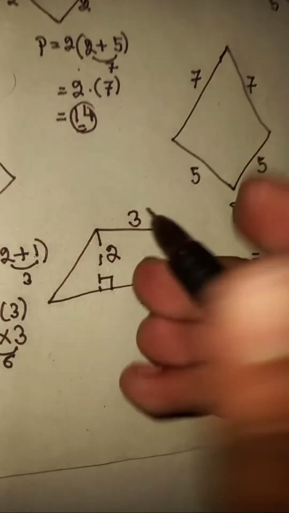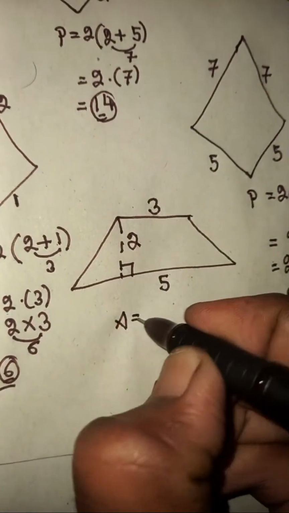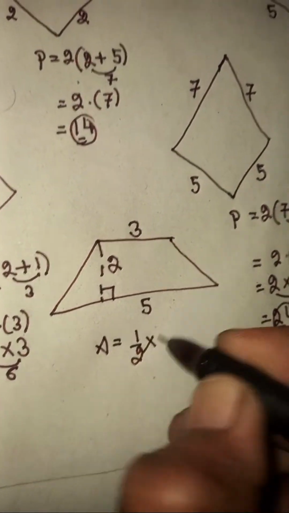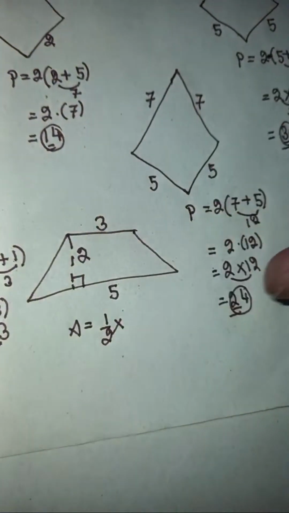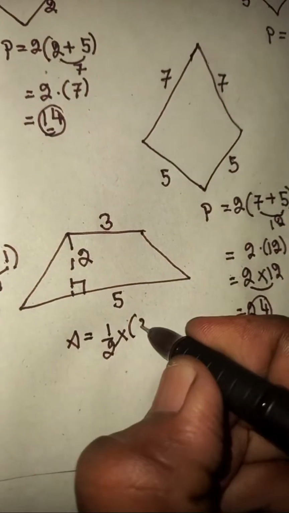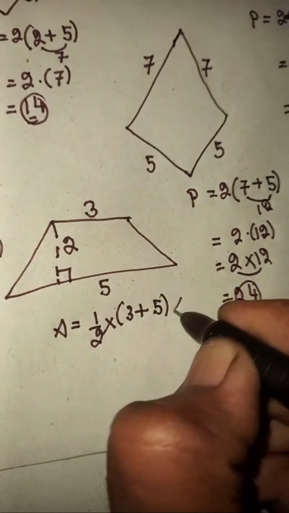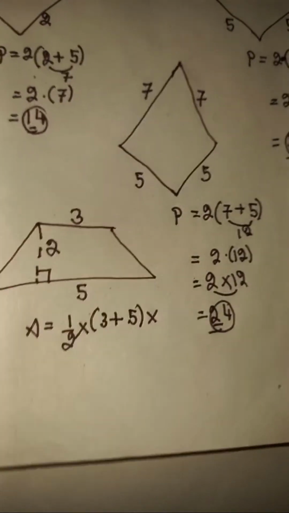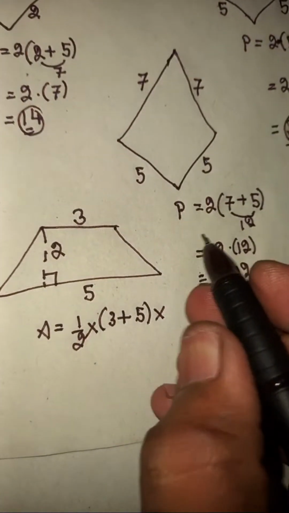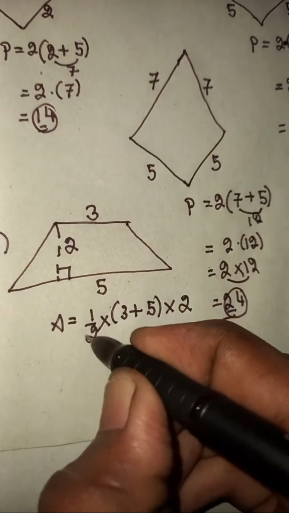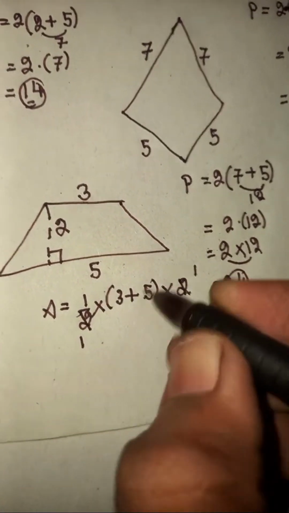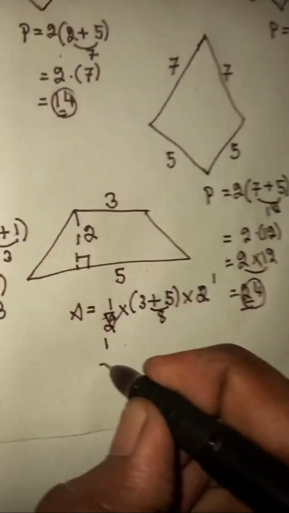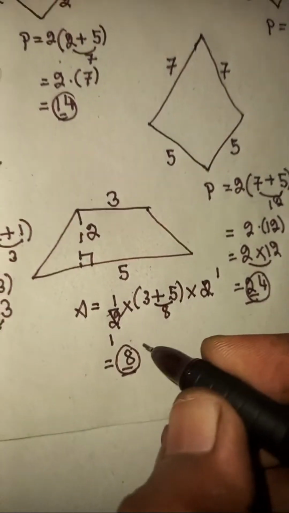Here you can find that the area of a trapezium is half times the sum of these two parallel sides. If you extend them, they're never going to meet each other. So you're going to get the parallel sides sum 3 plus 5 times the perpendicular height, which is going to be 2 units. Now you can divide by 2 one time, this is the denominator and numerator. 3 plus 5 is 8. So it becomes 8 square units.